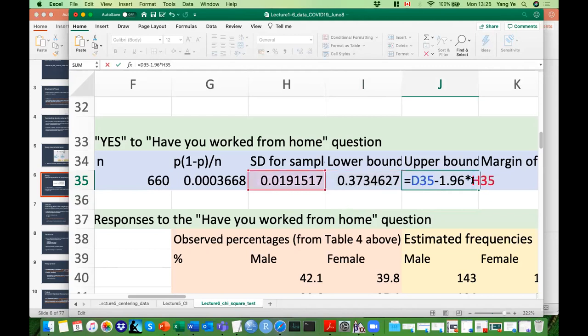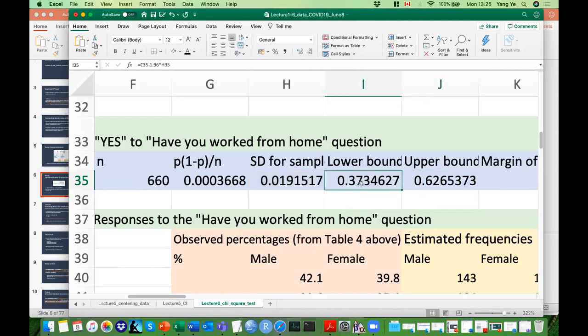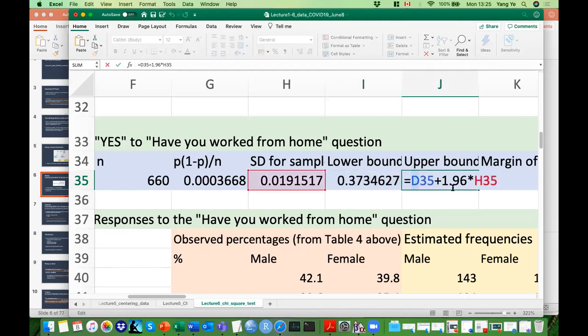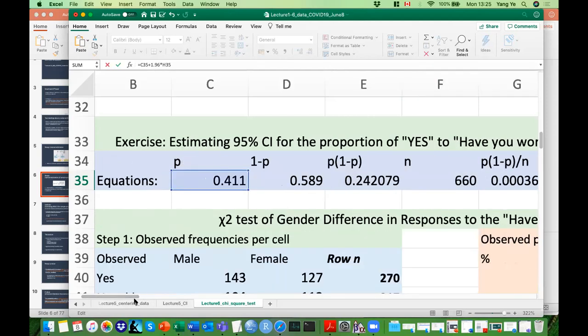Now it refers to the right H35 plus, and I believe that D35 is also wrong. If you look at the one before, we have C35. So we change that back to C35. Okay. So H35 is the standard deviation. C35 is our point estimator. Let's go check again. That's C35.